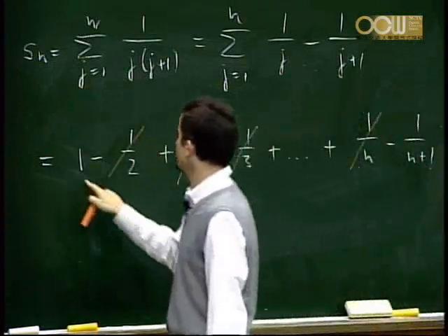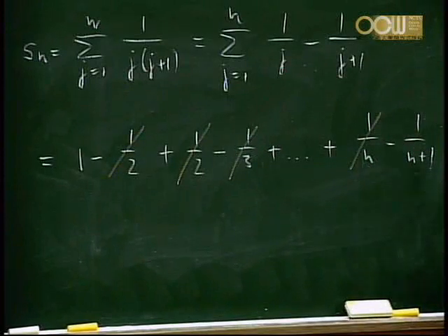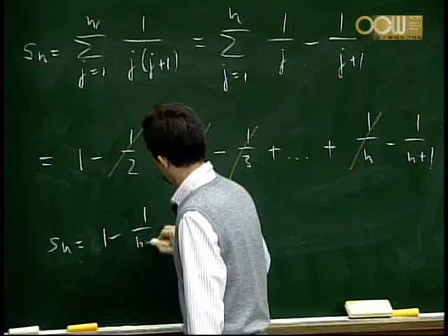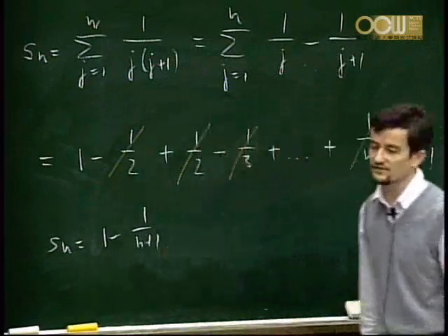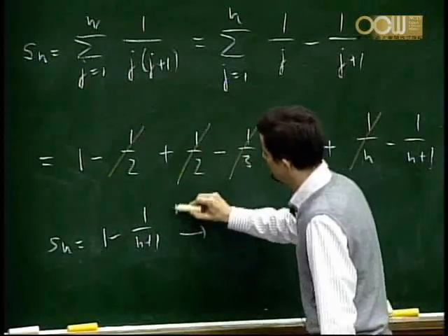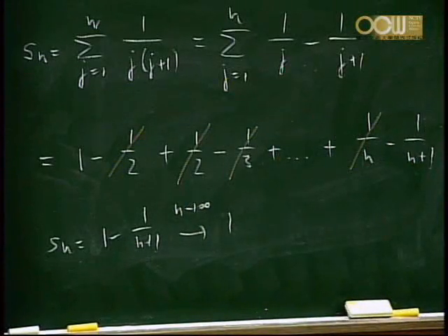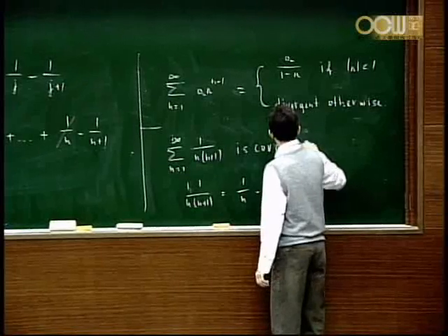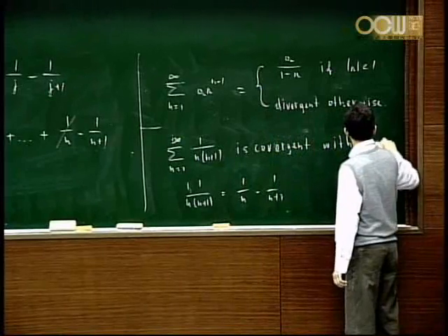The only terms which remain are this one and this one, which is a very good situation because you get an expression for Sn, and whenever you have an expression for Sn, it's easy to discuss convergence. As n tends to infinity, this converges to 1. So this series is convergent with sum 1.